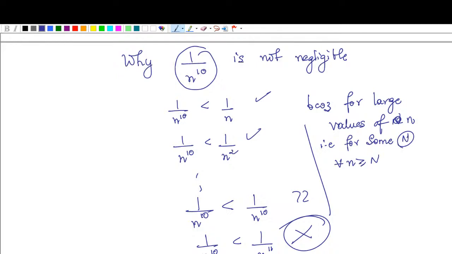You can easily find out. 1 over n power 10 is definitely not less than 1 over n power 11. So that's why this function is not a negligible function.